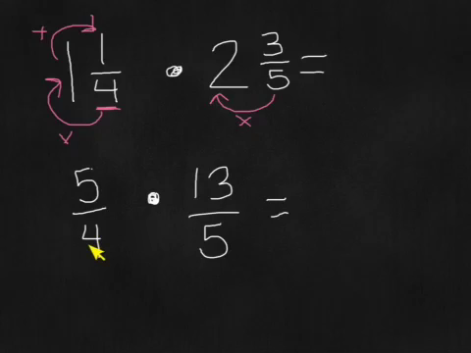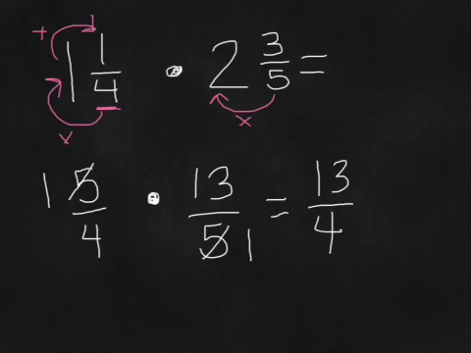And since we have a 5 in our numerator and a 5 in our denominator, we can go ahead and simplify those using the factor of 5. 5 goes into 5 one time, and 5 goes into this 5 also one time. Now we need to multiply straight across just like we normally would. 1 times 13 is 13, and 4 times 1 is 4.